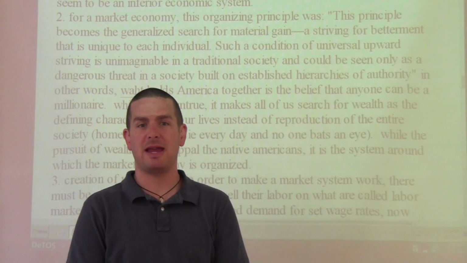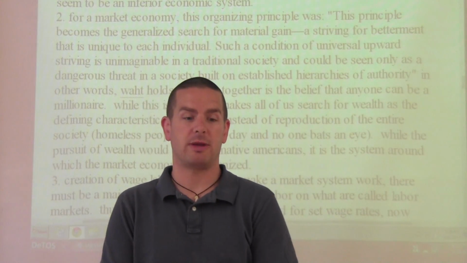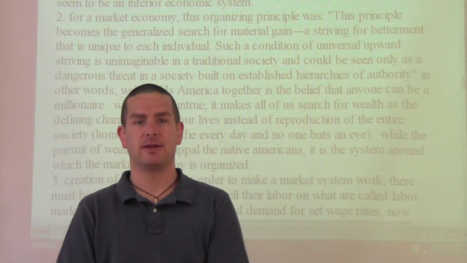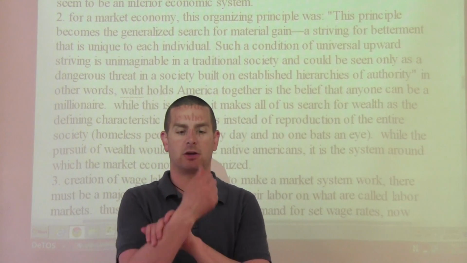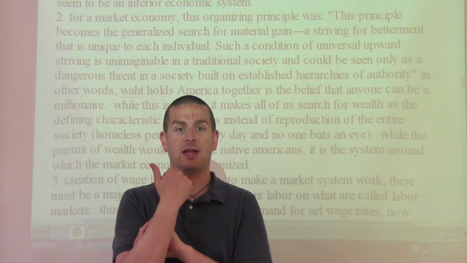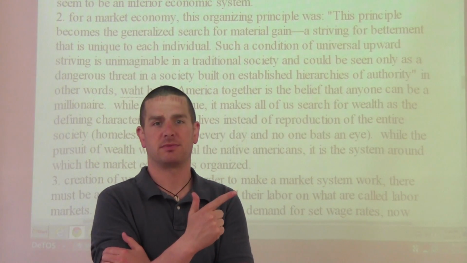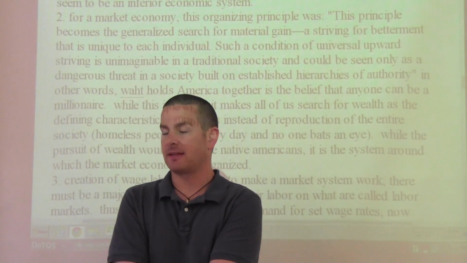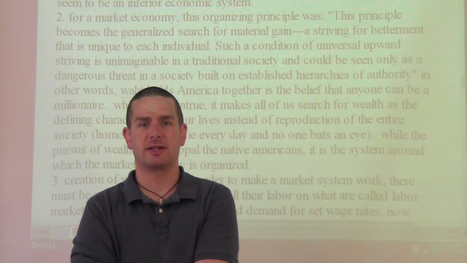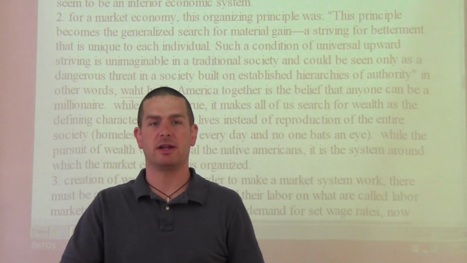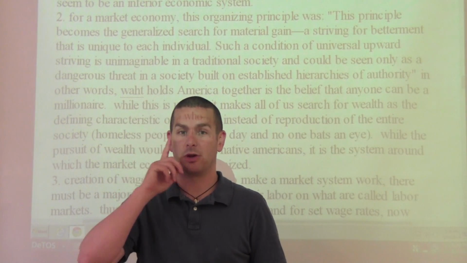Thus, in order to make a market economy work, in order to make capitalism work, which is a type of market economy, you need people to think they're on their own, and you need them to think that they can go rags to riches. That's one of the things that holds America together, right? The vast majority of us are never going to be millionaires, but we all think we're going to be millionaires.